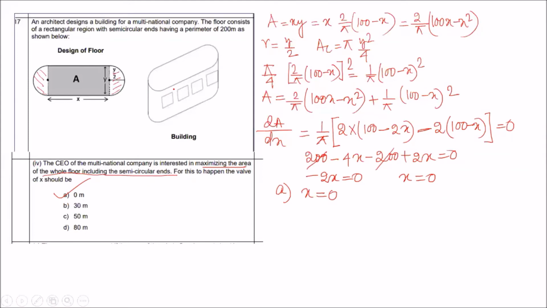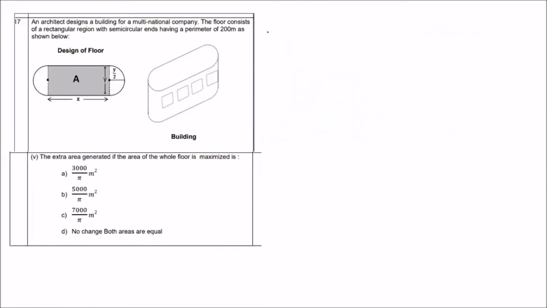So is it possible? Now coming to fifth part. What is fifth part? The extra area generated if the area of the whole floor is maximized. Can it be maximized? It cannot be maximized because for maximum area we are getting x is equal to 0. So this is not possible.